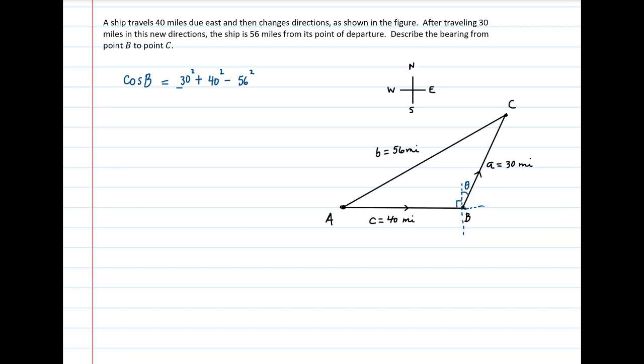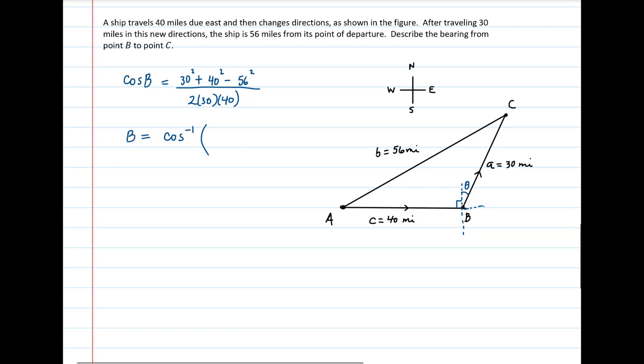So I'm going to set up the law of cosines here to find angle B. Using my formula, we get that cosine of B is equal to A squared plus C squared minus B squared, all of that divided by 2 times A times C. Plugging in our numbers, we get 30 squared plus 40 squared minus 56 squared divided by 2 times 30 times 40.